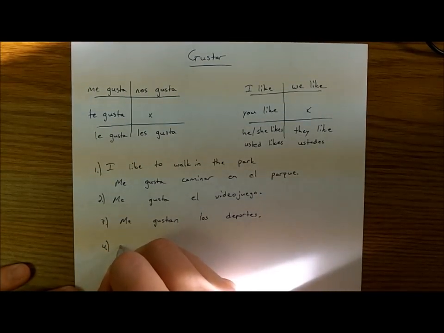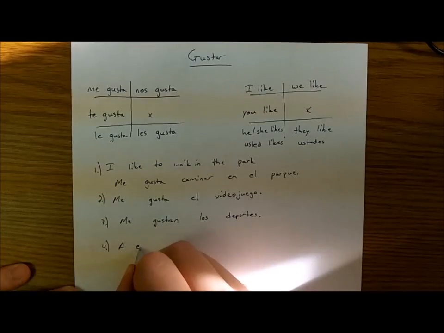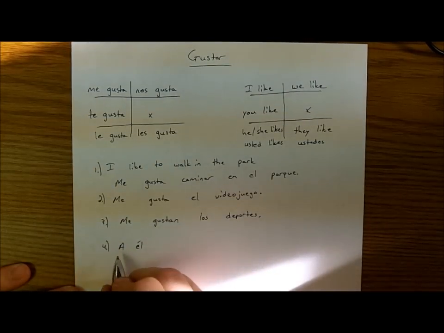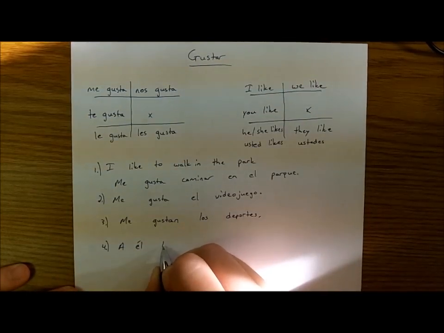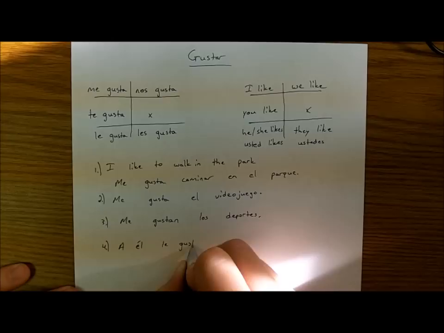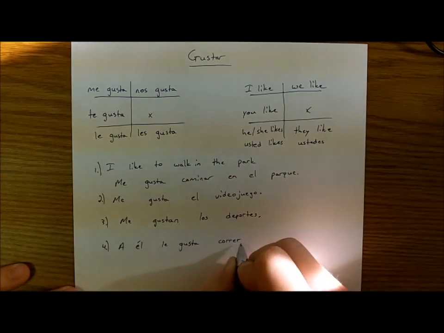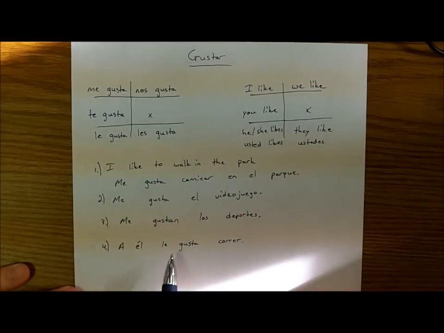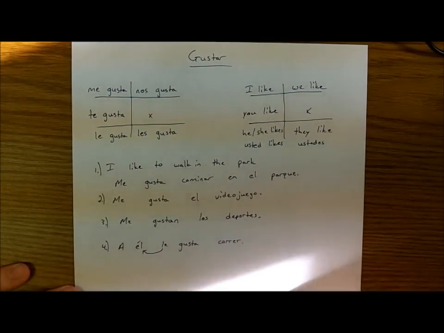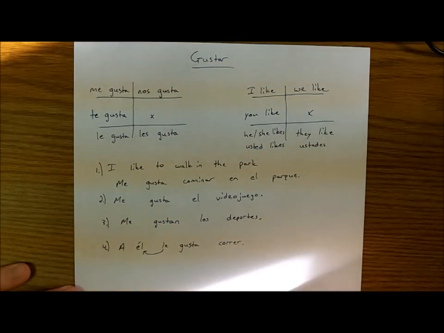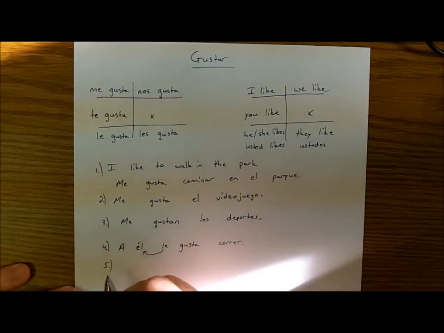Our specifier is going to be an a, and then whatever we're talking about. So now, when we put this, we know that the le is referring to the el. So we know it's a he. He likes to run.